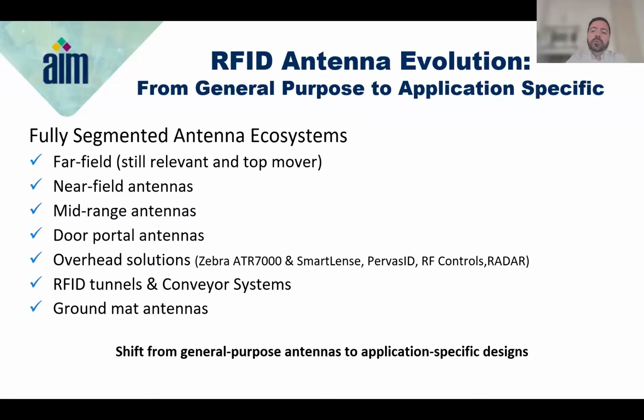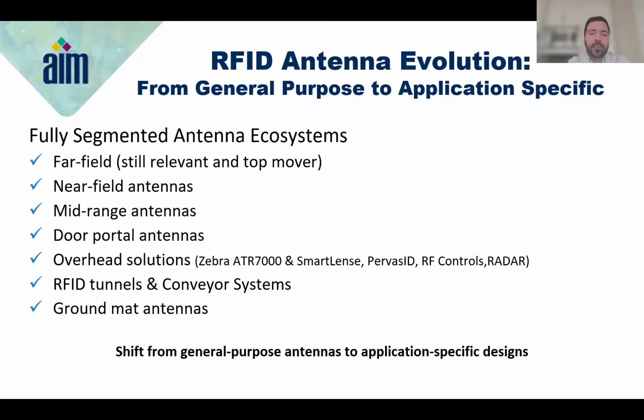So, guys, really what this objective is: RFID antenna selection is really critical to how well your system performs in the real world. If you choose the wrong antenna for your application, it can lead to inconsistent reads, operational inefficiencies, and unnecessary costs. So we're going to take a really high level practical approach to understanding the applications that require these different antennas.